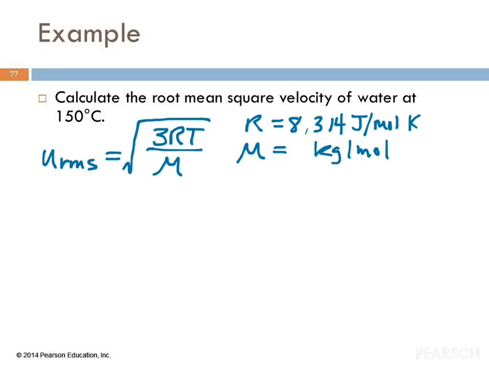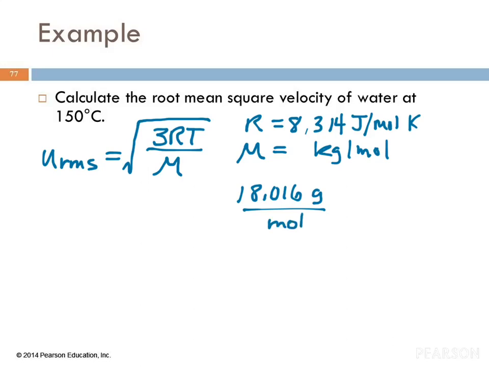To calculate this velocity for water, we need its molar mass in kilograms per mole. What's the molar mass of water in grams per mole? 18.02 or 0.016 depending. So that's grams per mole.